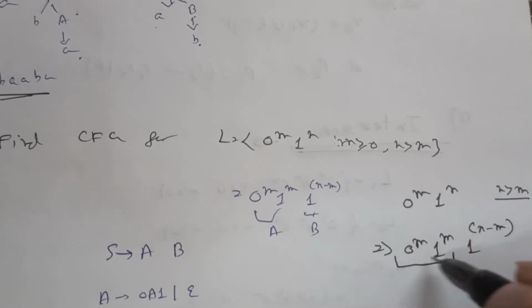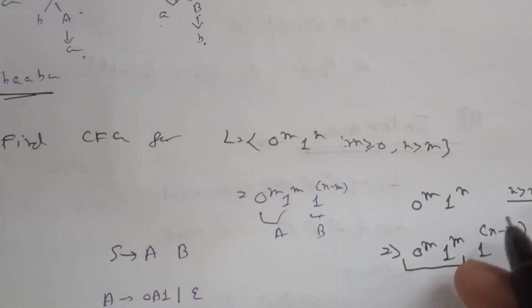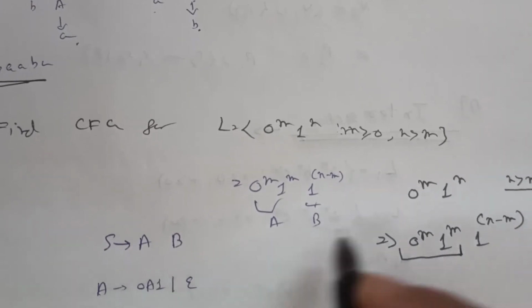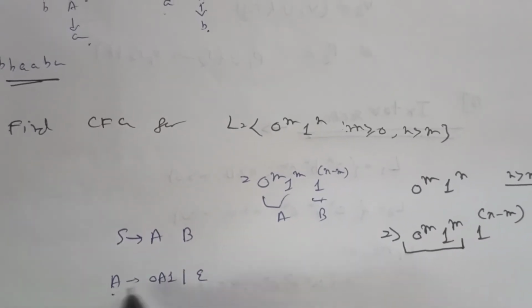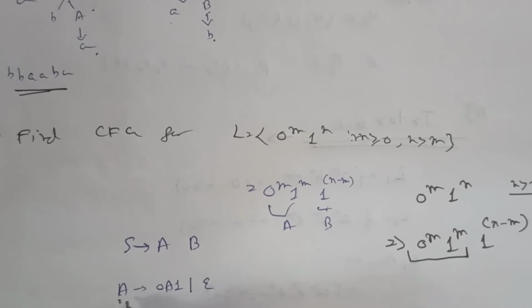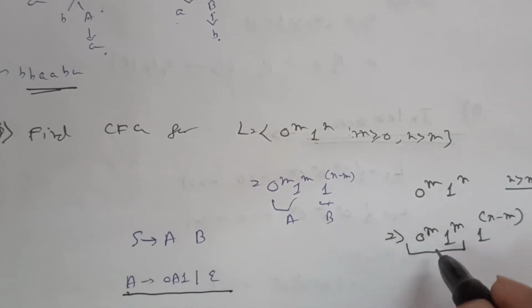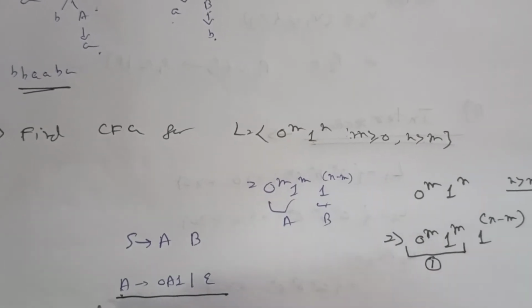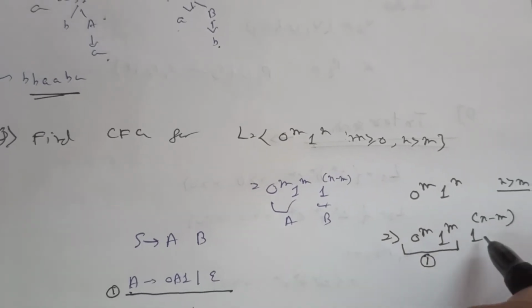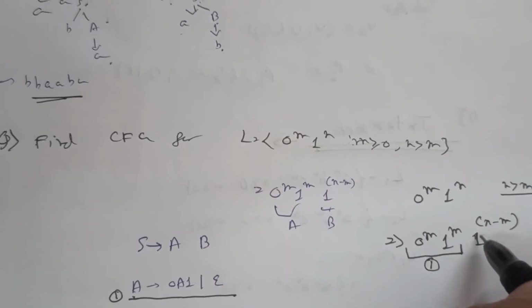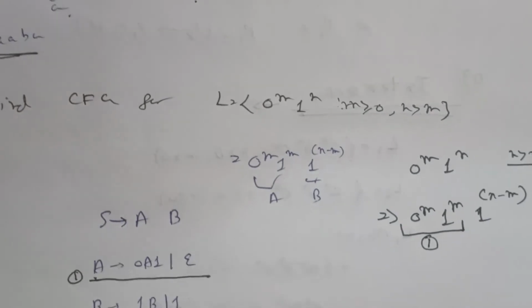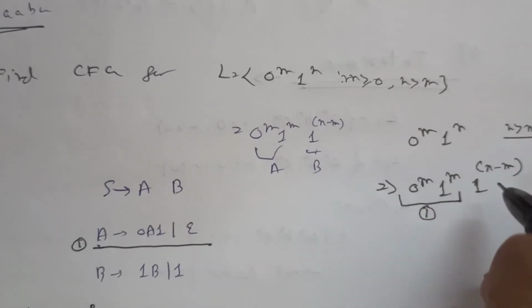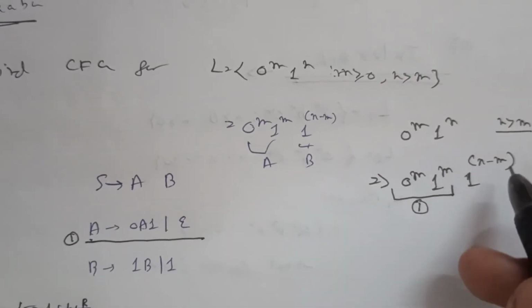We already know how to make this type of recursion, like S to 0S1. So I am making this grammar with this production rule: A to 0A1 or null is for this one. And for this particular part, 1 to the power n minus m, I will need to generate many ones, or a single 1 at least.